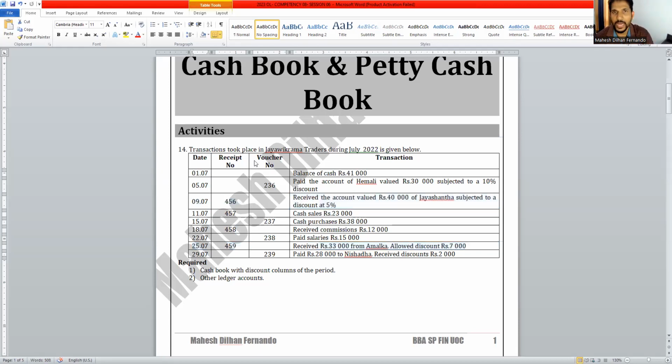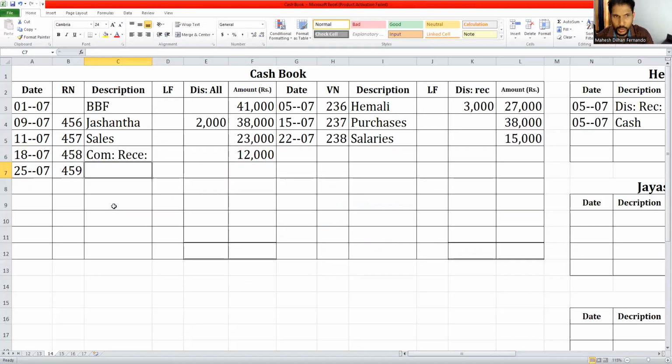I'm taking you to the answers format again. Look at this one. On 25th, we have collected cash from Amalka, allowed discount 7, amount collected is 33. A short question: what is the value of Amalka's account that has been collected?